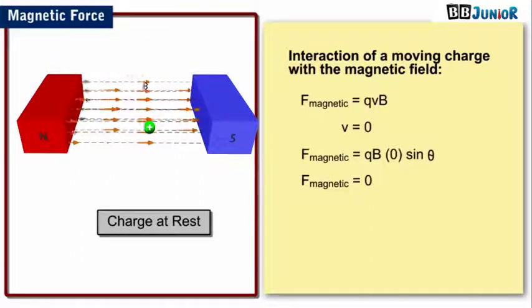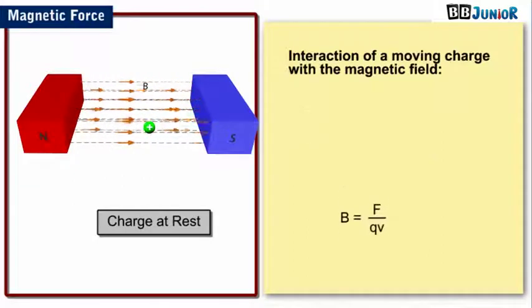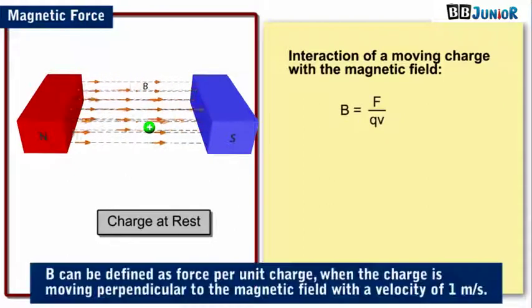When the charge in the magnetic field experiences maximum force, the force is expressed as magnetic force equal to BQV, which can be written as B is equal to F by QV. The magnetic field strength B can be defined as force per unit charge when the charge is moving perpendicular to the magnetic field with the velocity of 1 meter per second.